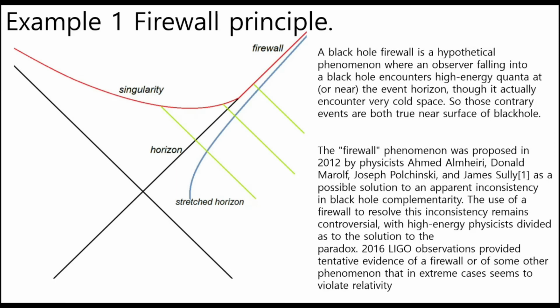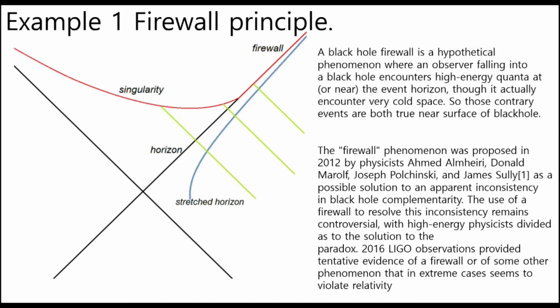Firewall paradox. A black hole firewall is a hypothetical phenomenon where an observer falling into a black hole encounters high-energy quanta at the event horizon, though by other arguments it would encounter very cold space. The firewall phenomenon was proposed in 2012 by physicists Ahmed Almheiri, Donald Marolf, Joseph Polchinski and James Sully as a possible solution to an apparent inconsistency in black hole complementarity.